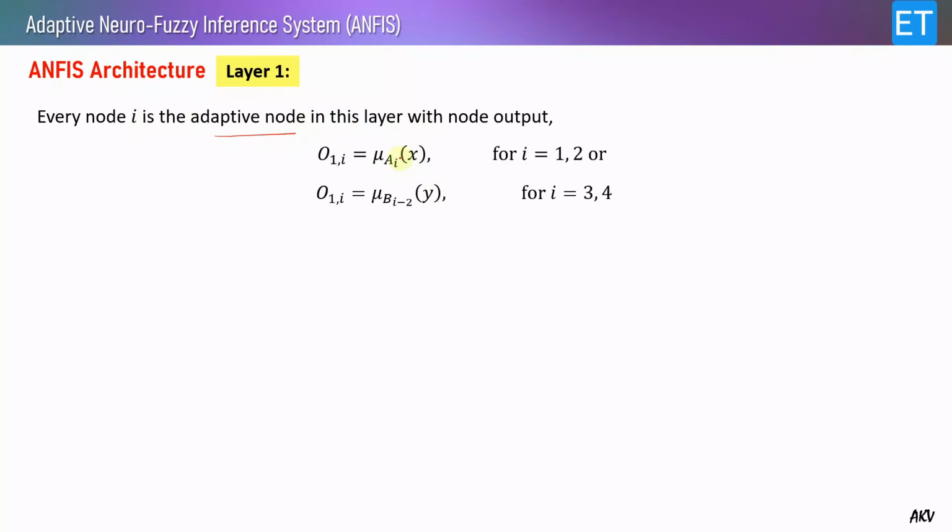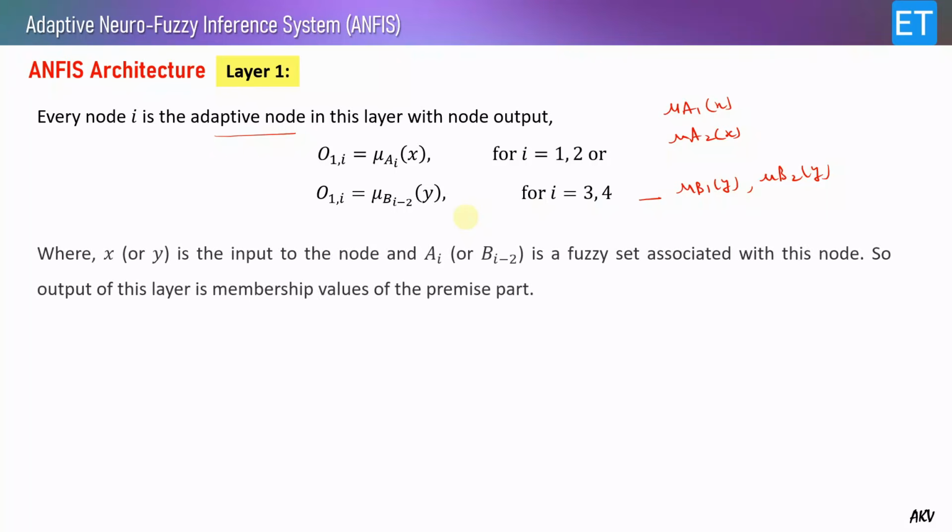For i equal to 1 to 2, I get mu A1(x) and mu A2(x). And for i equal to 3 and 4, I get mu B1(y) and mu B2(y). So I get 4 values for 2 inputs X and Y.